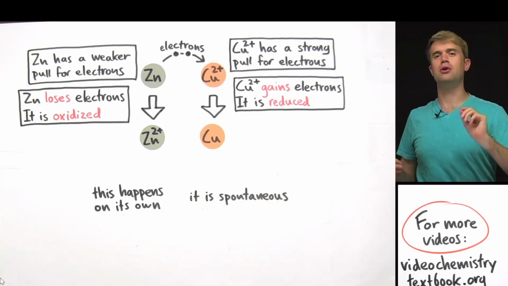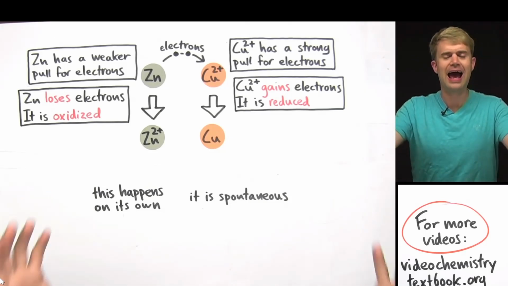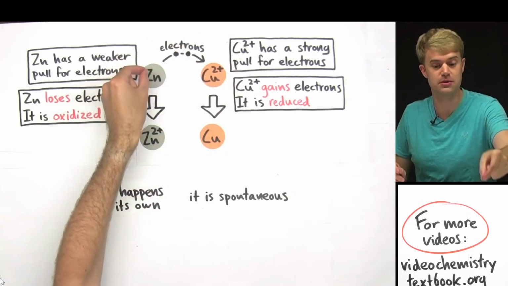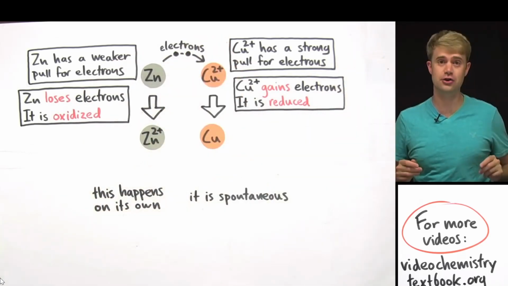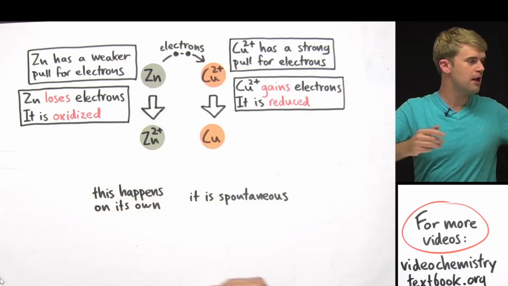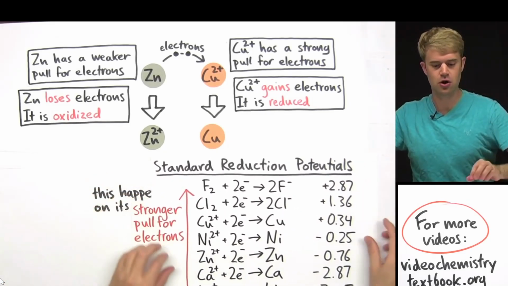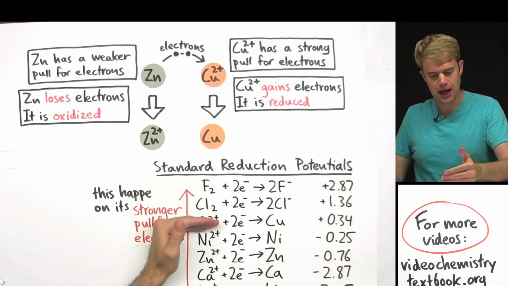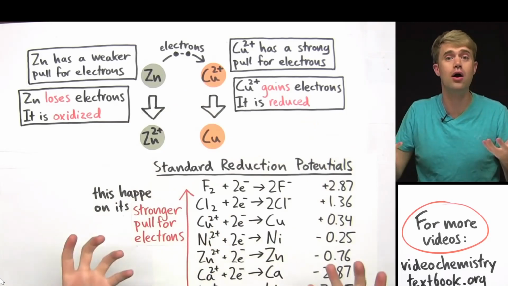Now, a really common question, and a great one, is: how do you actually know that the electrons are going to move from zinc to copper? How do you know that copper has a stronger pull for electrons? Well, you can look it up. There is a chart that we'll be using a lot in electrochemistry called the standard reduction potentials. It lists elements and compounds in terms of how strongly they want to pull electrons.